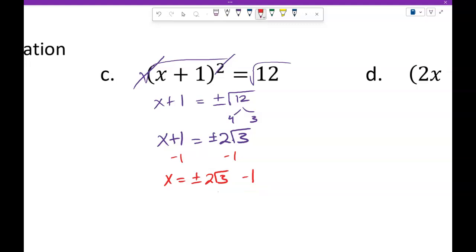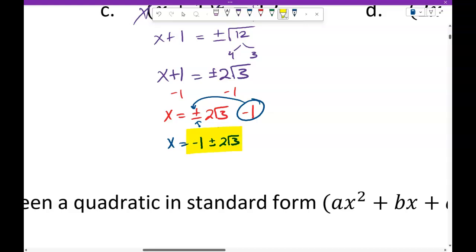And since we can't simplify any further, standard dictates that we actually put the rational term in the front and leave the operations in the middle for our shorthand. Negative 1 plus and minus 2 square root of 3. We can use that as our shorthand, but remember that this represents two distinct numbers that will have drastically different values.